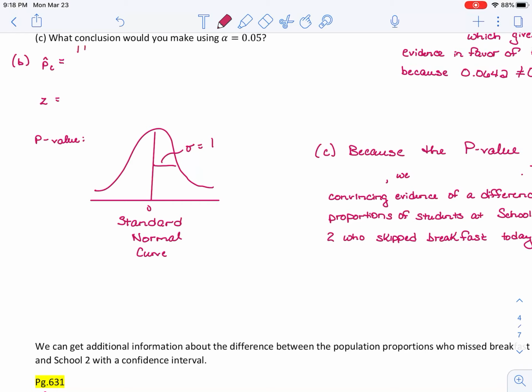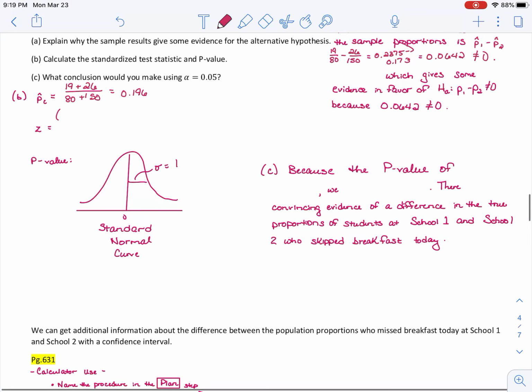So again, that was the sum of the two success amounts over the sum of the two sample sizes, 150, and that was 0.196. We're going to standardize this. This is that formula I wrote down earlier. So the formula from earlier is p hat sub 1, so what I just wrote out over here.